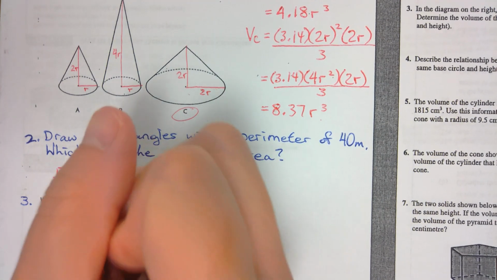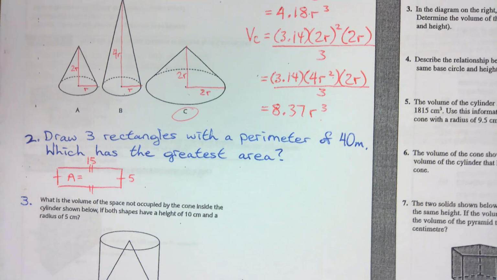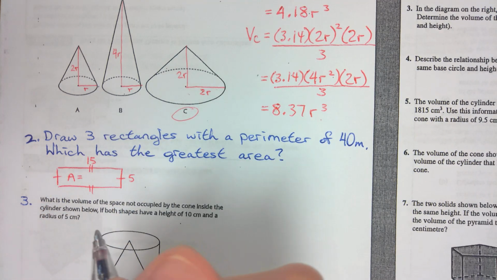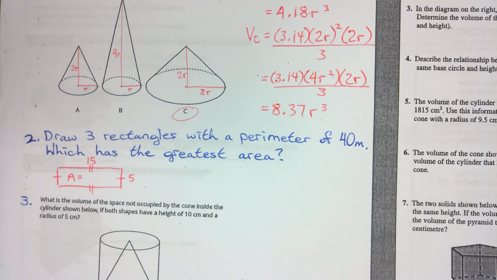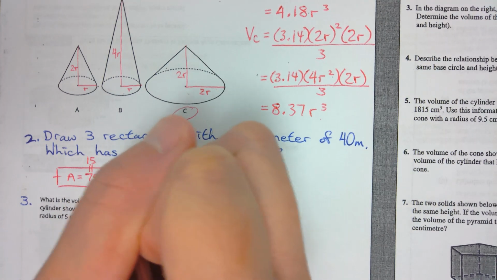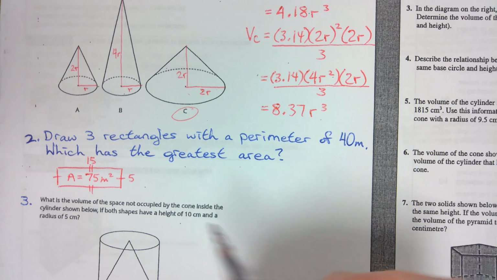All right, what's the area of this rectangle? 15 times 5. Who's good at mental math? 75, right. Good mental math there. 75 meters squared.